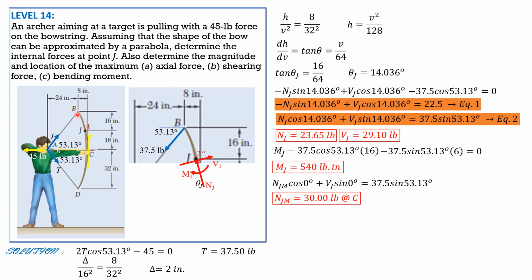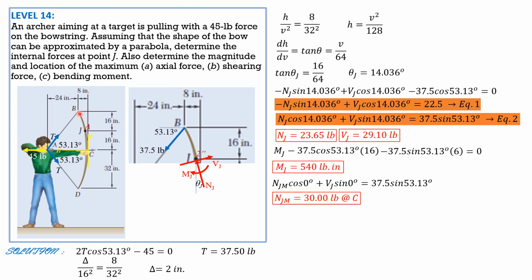Theta J is maximum at B or at D by symmetry. So therefore, shear is maximum at B because Nj is minimum at B. When theta J is maximum, then Nj is minimum.